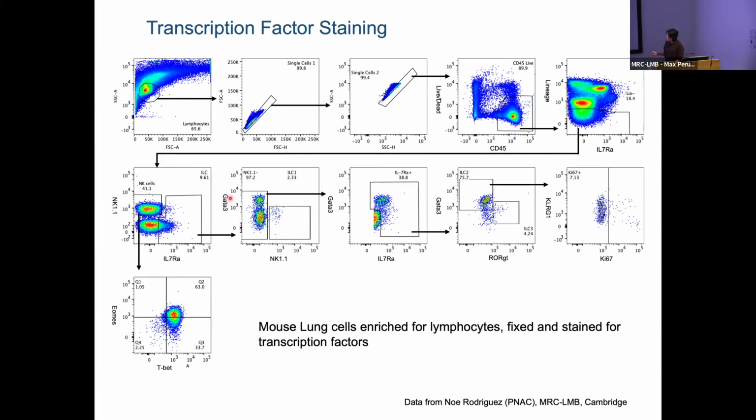He studied the transcription factors GATA3, RORgamma T, and EOMES in the NK cells. What I want to mention is you have to be careful about the staining process. There are protocols and also transcription factor staining buffers available on the market to help you stain these cells better.